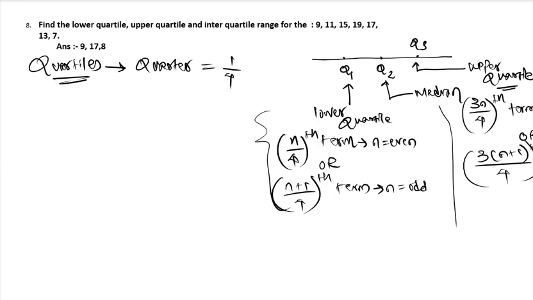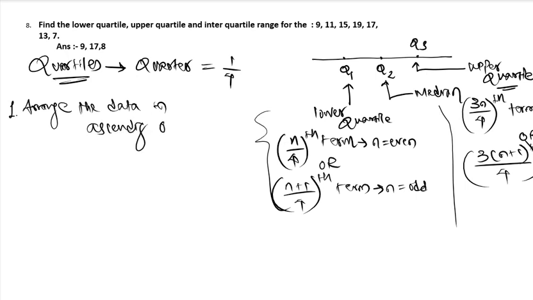Okay, so the first thing which we will do is arrange the data, because the data which is given over here is in raw data form, so we have to arrange the data in ascending or descending order.